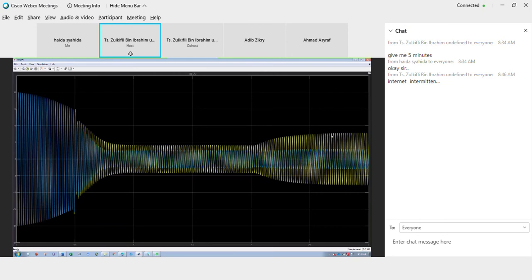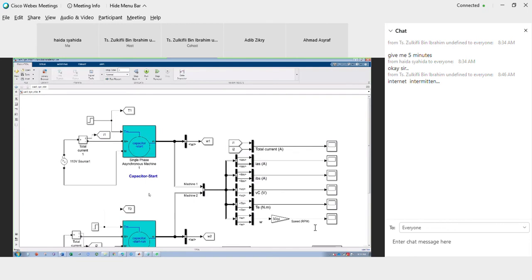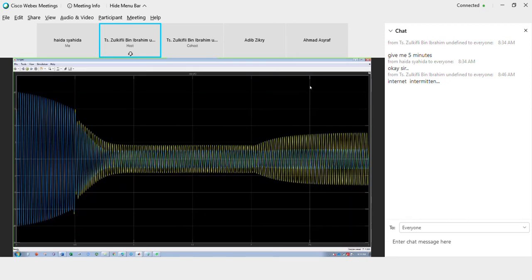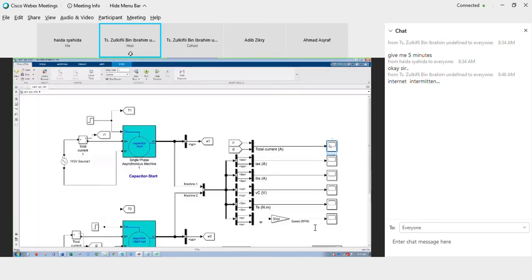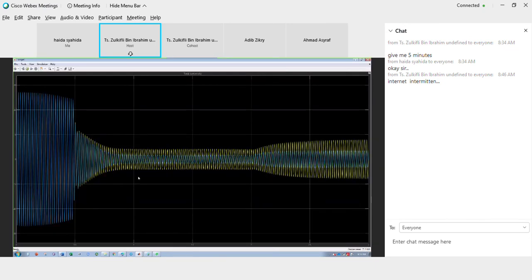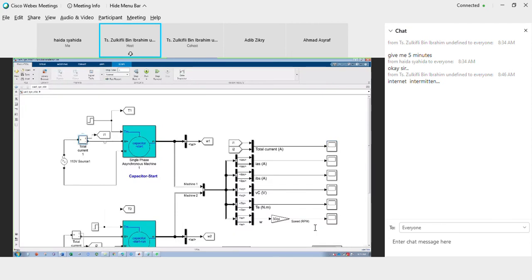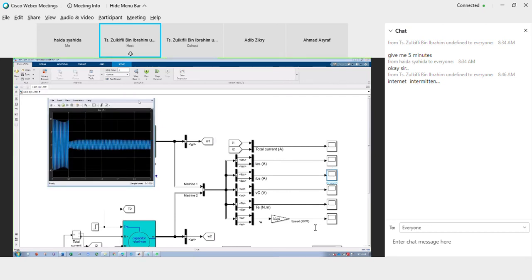But you see the yellow, I know which one is which. Earlier I changed one to a higher value, two. Maybe the yellow one is the upper one. Let's look at the current, the total current. This is the total current, higher, and this is the supply current here. Then look at the capacitor current.